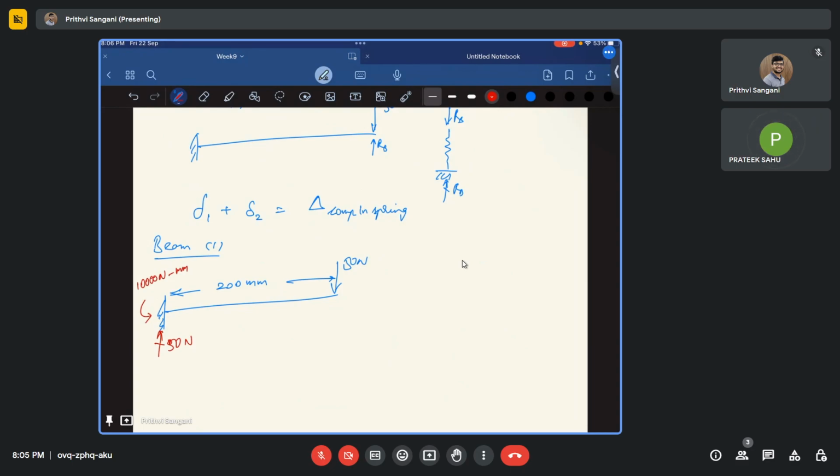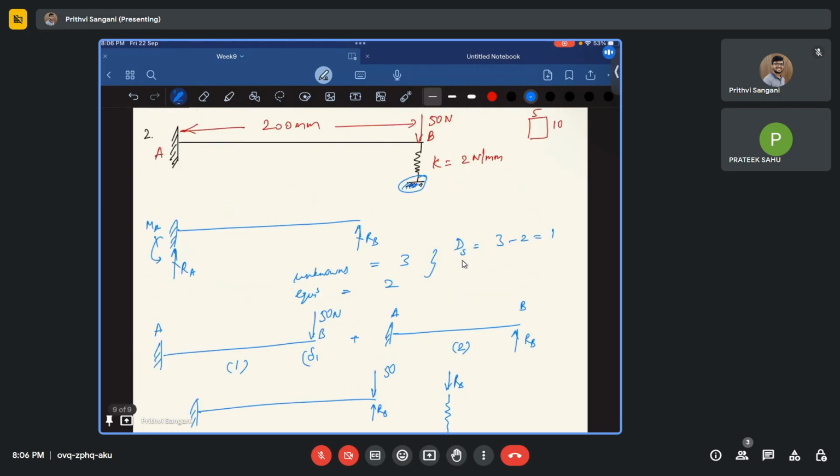So now what about the BMD? The bending moment diagram will be something like this. This is my bending moment diagram, so this is 10,000 by EI. Also take E as 2 into 10 to the power 5 MPa, that is for the steel.